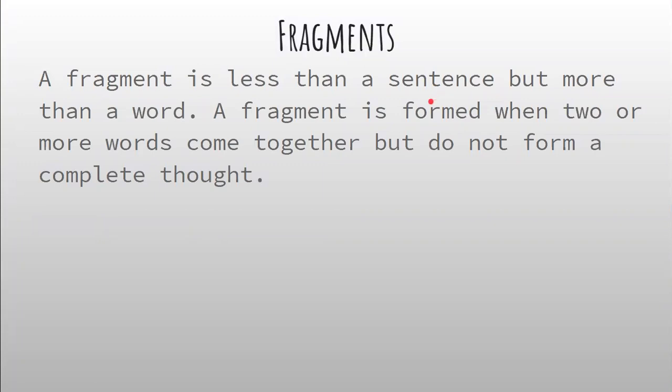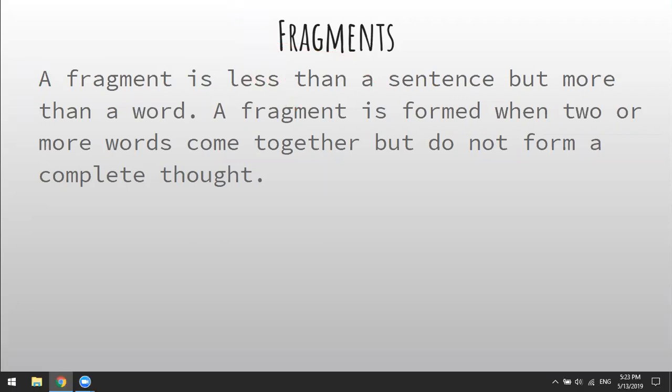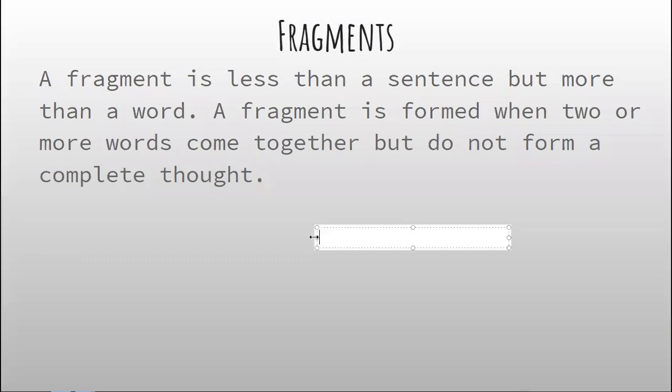Suppose you add two words in a sentence. Then it probably becomes a sentence or a fragment. If I add two words and it makes complete sense, then it would be a sentence. But if the thought is not complete, then it is called a fragment. For example, when I say beautiful car, beautiful is a word and car is another word, and I put the two words together, so it becomes beautiful car.